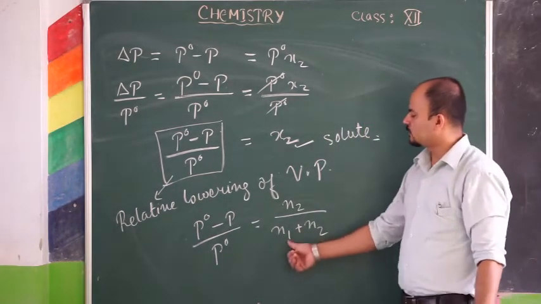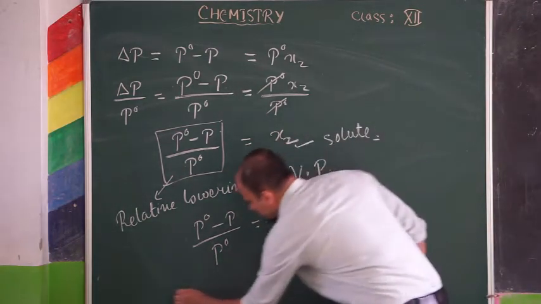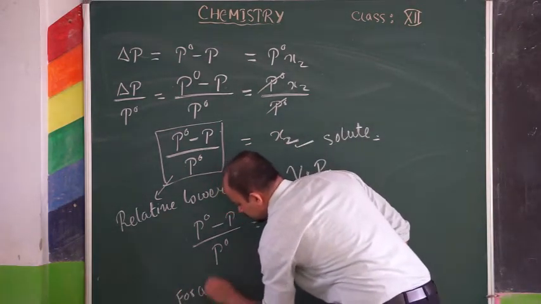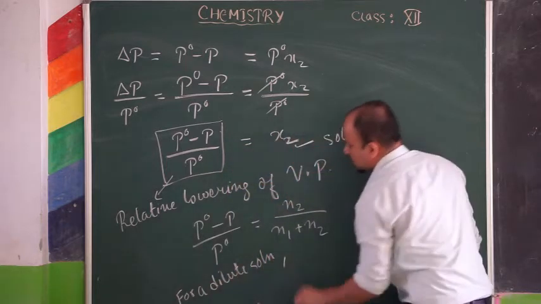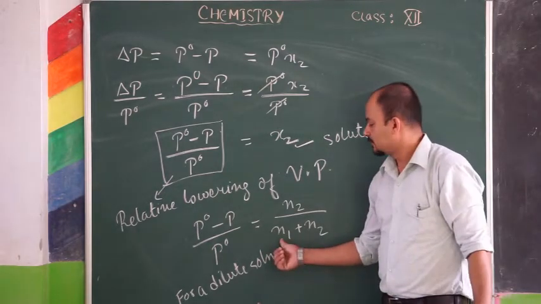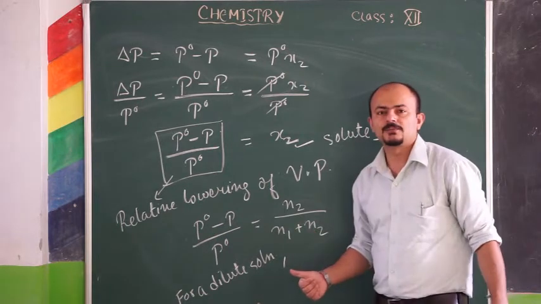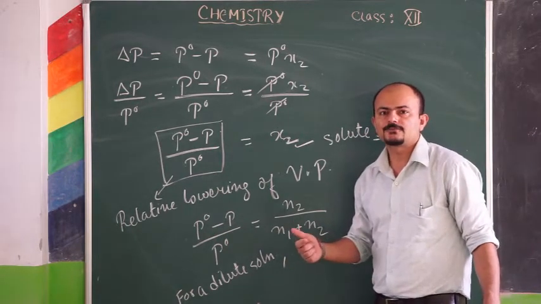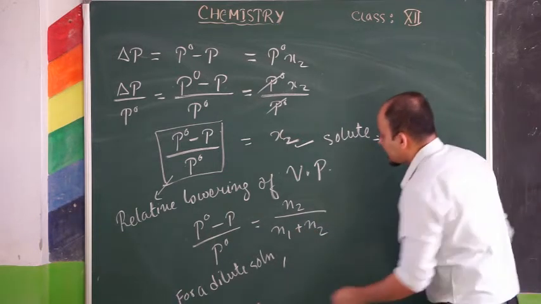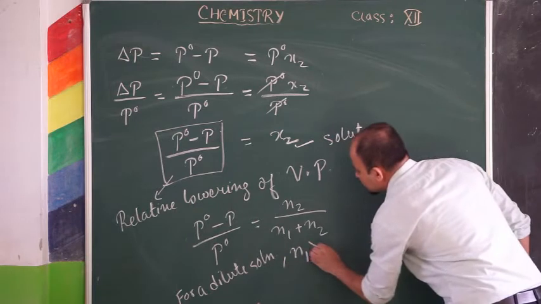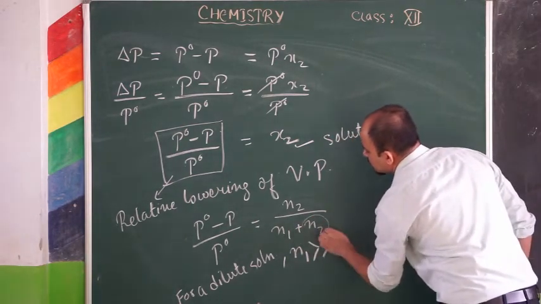2 is for solid, N1 is for what? Solvent. Now for a dilute solution, the number of moles of solvent is very large compared to the number of moles of the solid particle. Therefore, since N1 is very large compared to N2, this N2 in the denominator can be neglected.